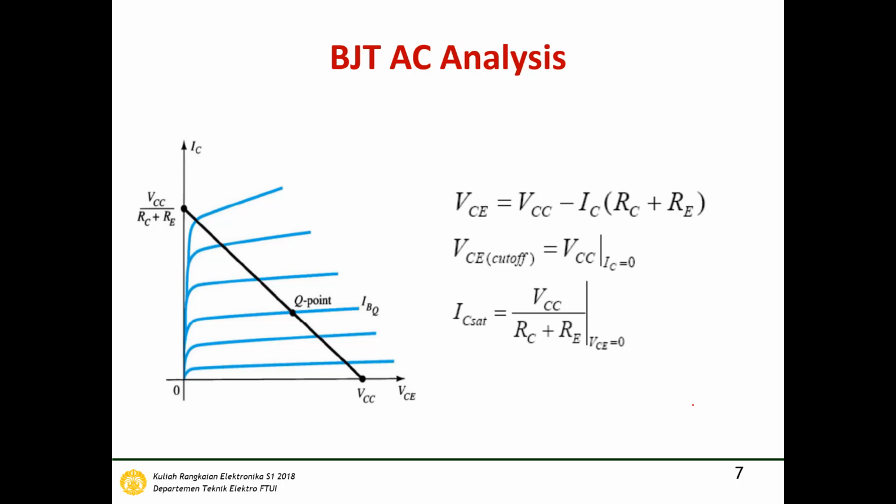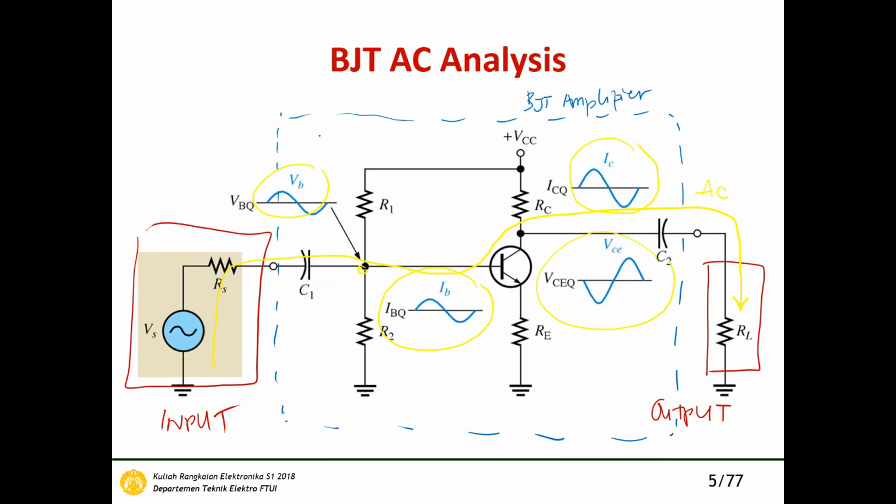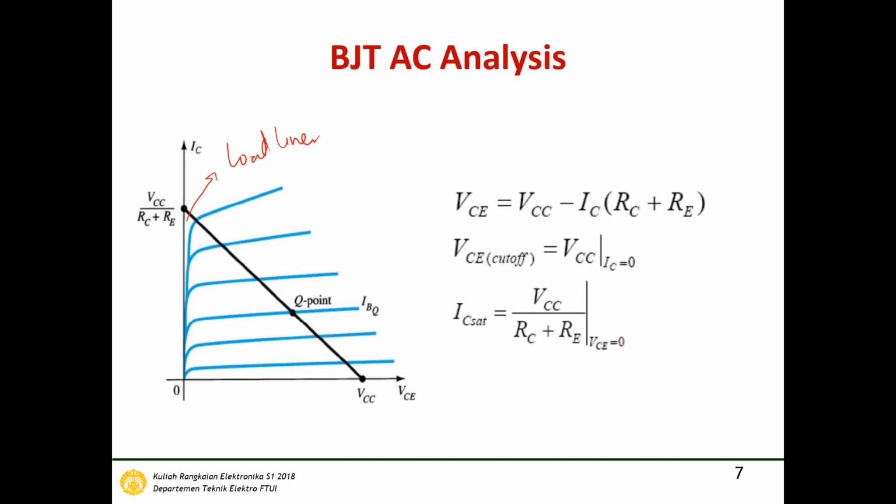The first one, we have to look for the intersection between the load line, the black line, this is the load line, with the x-axis, and the intersection between the load line and the y-axis. And using this, if we use a voltage divider configuration like this one, so the VCE is VCC minus IC multiplied by RC plus RE.